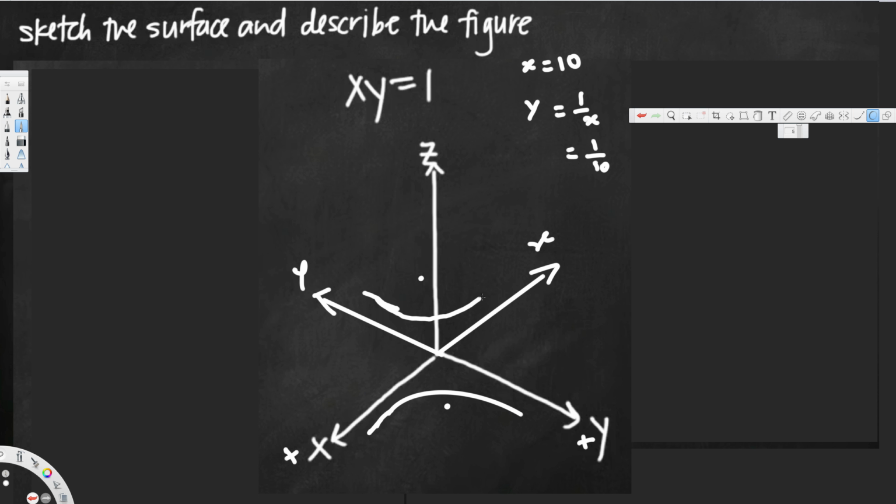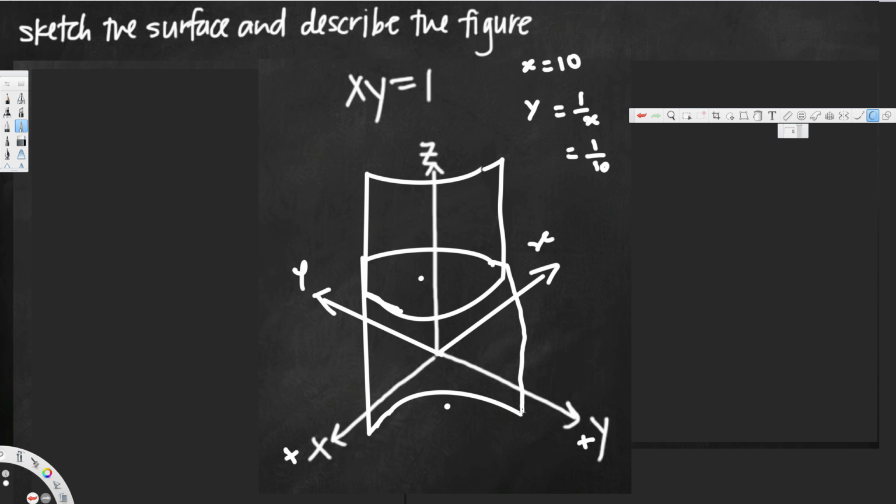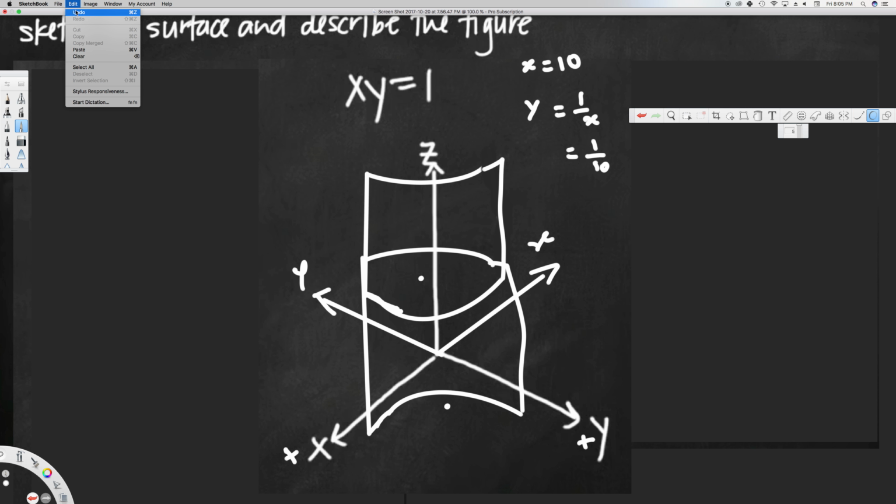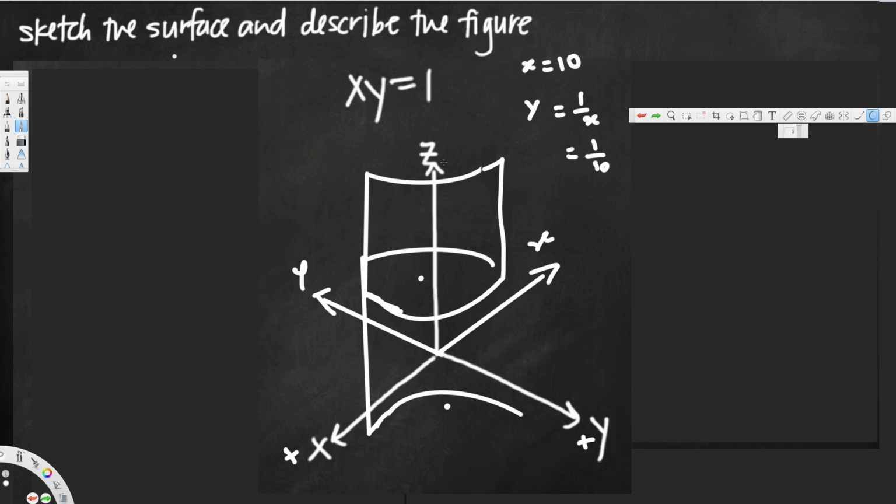Since we are trying to draw the 3D graph, we have to extend this like this, right? The graph is going to look like this, and this should be a straight line parallel to the z-axis, and this one should also be parallel to the z-axis.